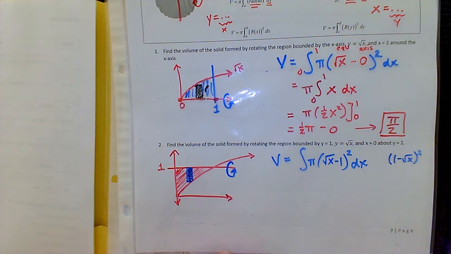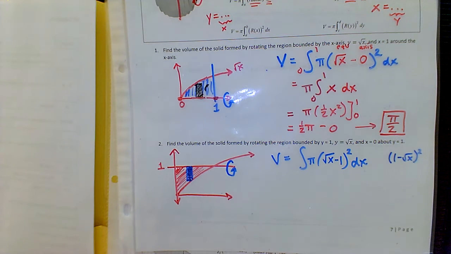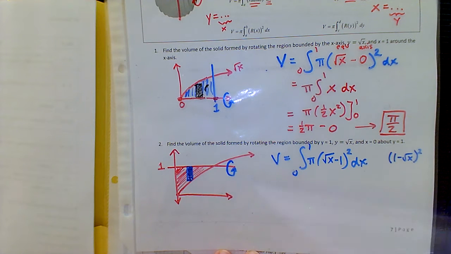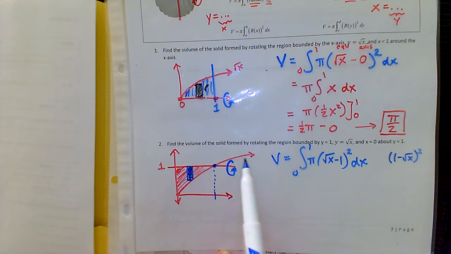Okay, let's go ahead and figure out our bounds. Where does that shaded area begin? Where does it end? Good, Eric? 0 to 1. How'd you get the 1? That's good. Because the square root of x equals 1, this x is also 1.